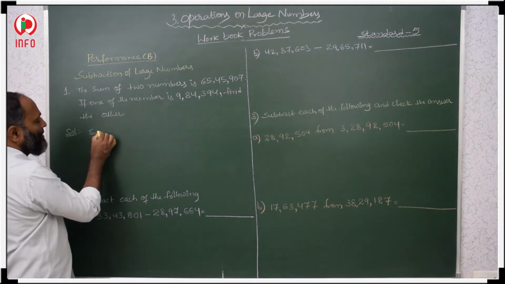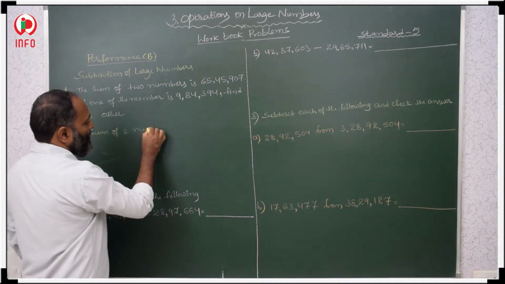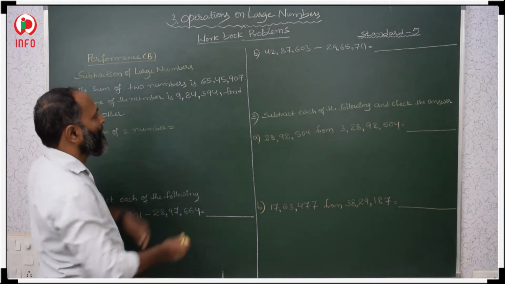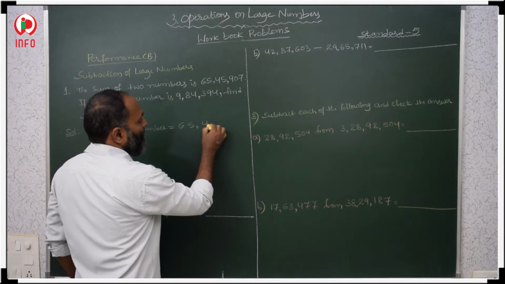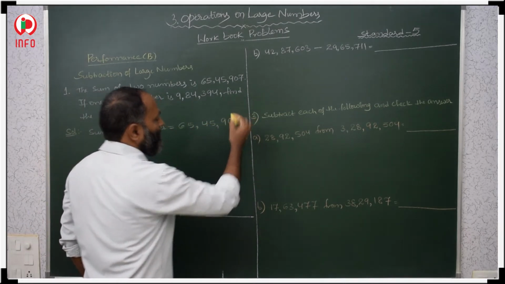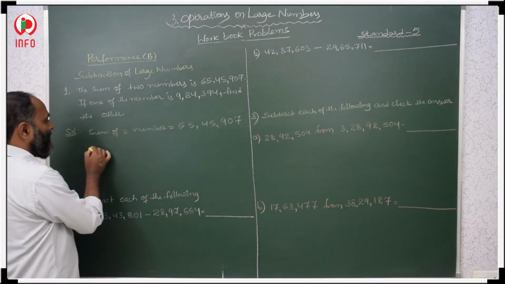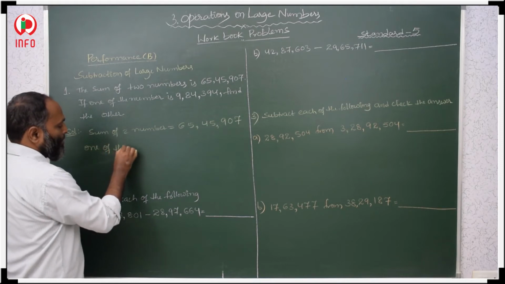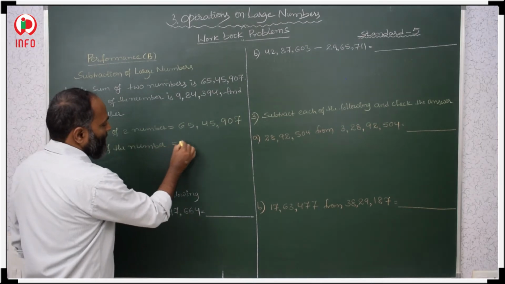Sum of two numbers. So what is the sum of two numbers? 65 lakhs 45,907. One of the numbers is given.